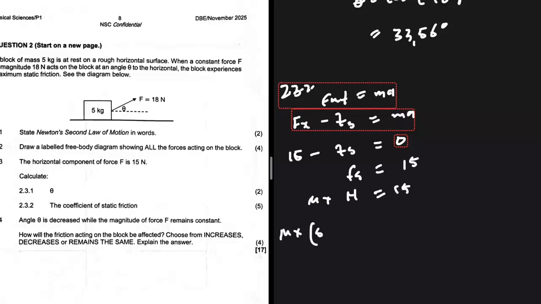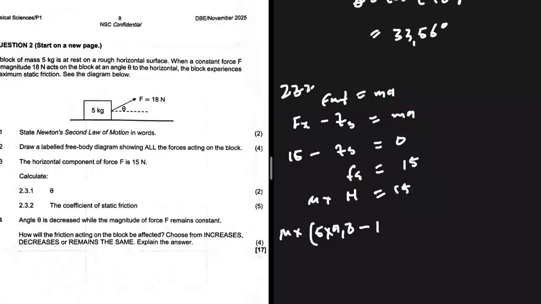It will actually be the mass multiplied by the gravity minus the y component of the force applied, because the force applied is above the x-axis. If it was below the x-axis, it would be the weight plus the y component. But in this instance, it is minus.